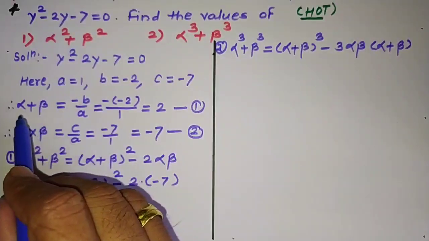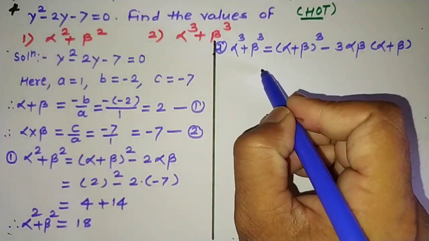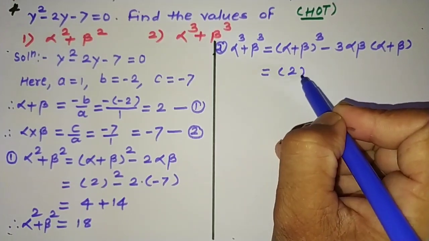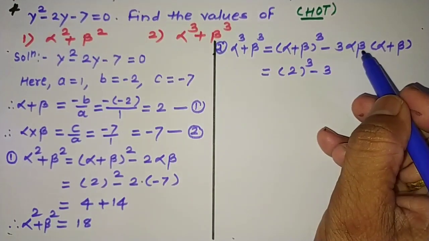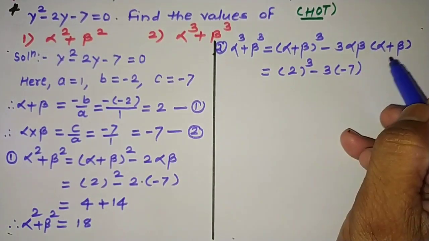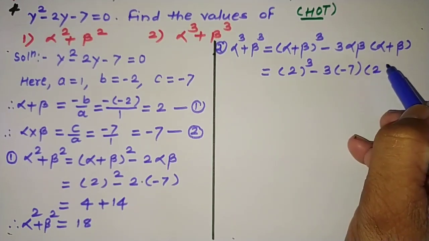Put the value of alpha plus beta and alpha into beta. Alpha plus beta is 2, cube minus 3 into alpha into beta minus 7, and alpha beta is a value 2.